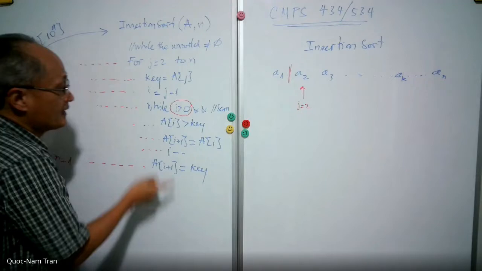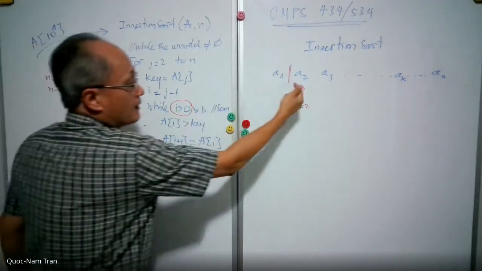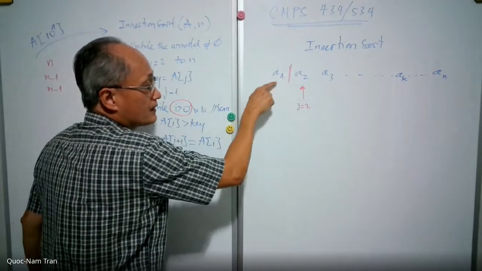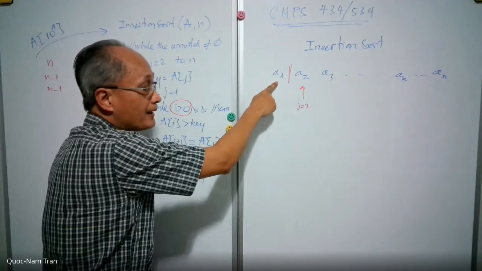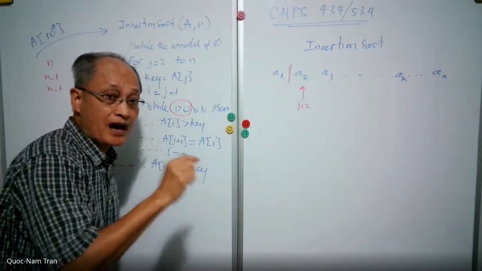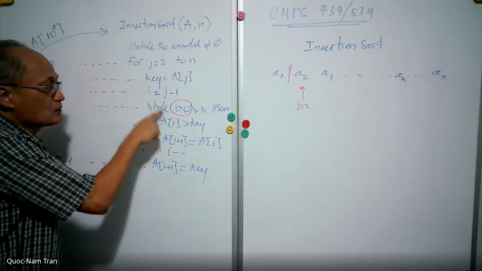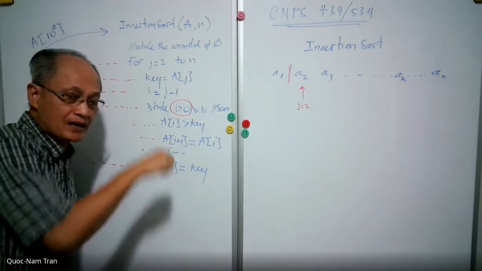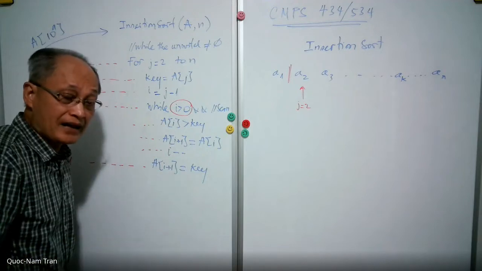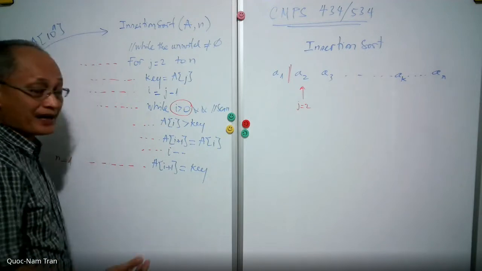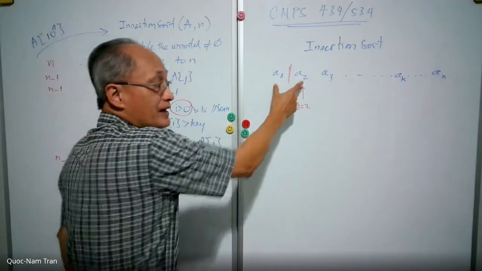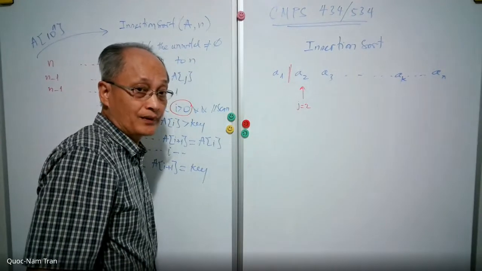So that said, the number of moves of elements in the sorted part depends on the actual input. We cannot say that this will take n time, n minus 1 time, anything like that, because it depends on what values we have in the input, right?